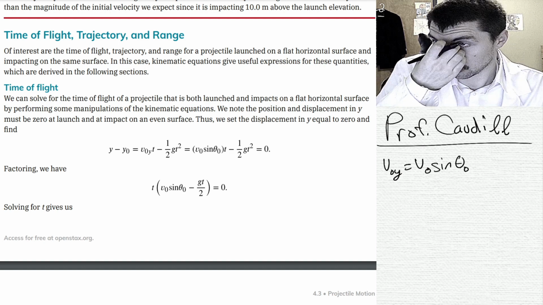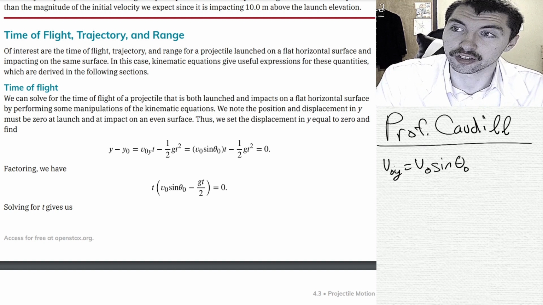That's just simple trig. v naught x would be v naught times cosine theta.